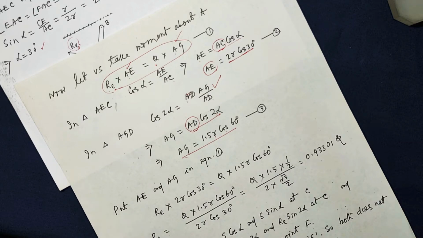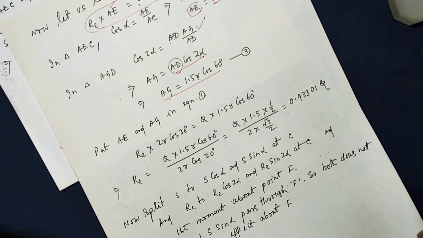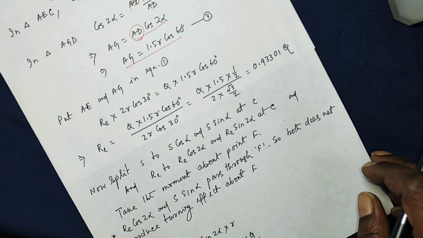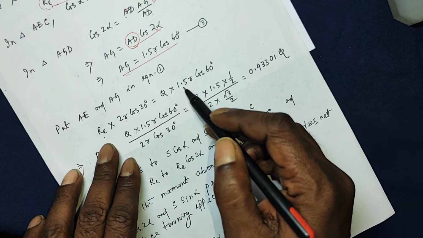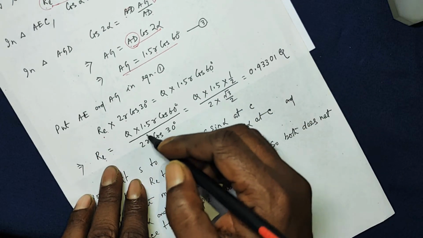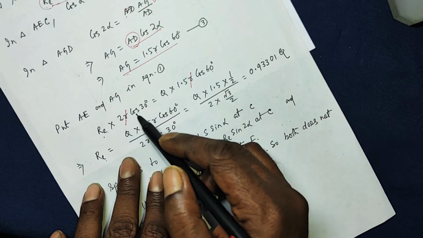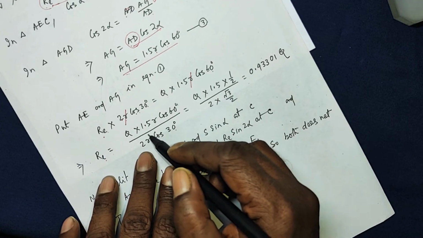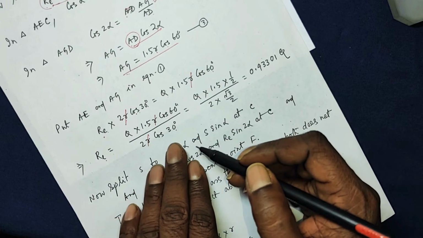Now put these two values in equation 1. Then it becomes simple. So I have put the values in equation 1 to get RE multiplied by 2R cos 30 is Q times 1.5 bar cos 60. Keep RE on one side. This R cancels. So 2 times cos 30 goes to the right-hand side, comes to the denominator. So R cancels here.